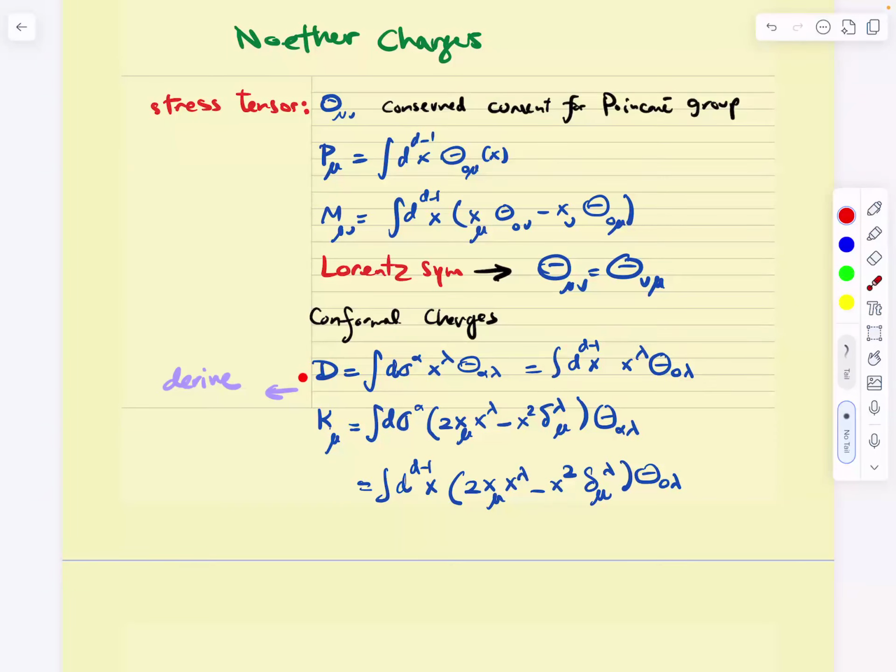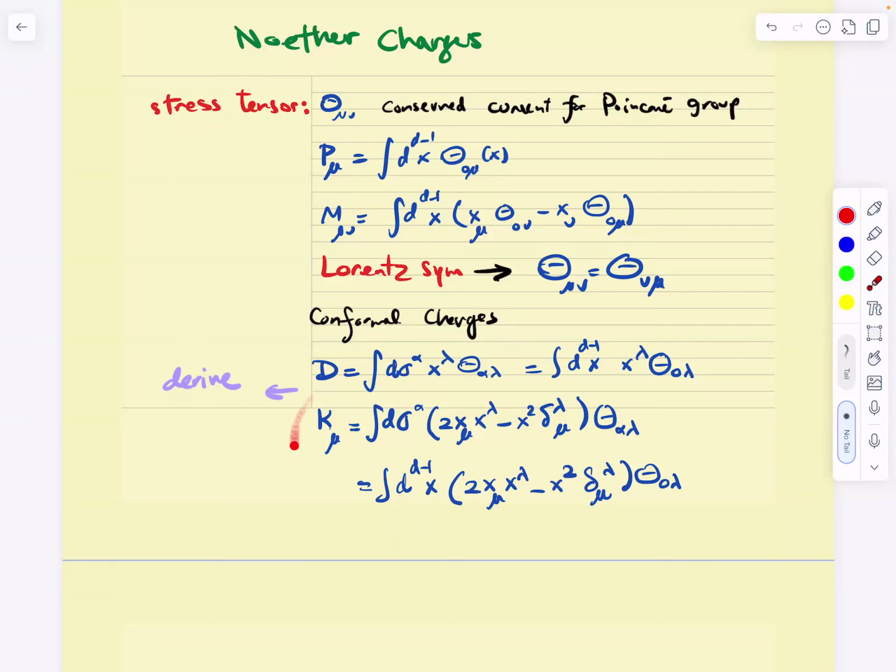This is dilatation. This is the classical expression for dilatation. That's why, when we talked about the unitary general scaling, we wrote it as e to the power of i lambda D hat. D hat was supposed to be the quantum operator that acts like this classical generator. Right? Okay.